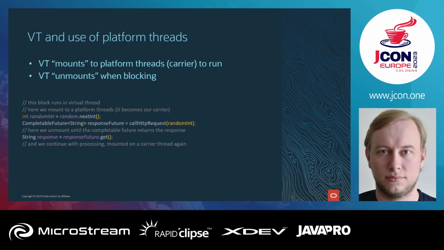So if we take a look at this example I have below, as you can see, the first line is generating some random number, and then we are executing some call to some other service. And we are getting a completable future here, and on the next line, we are actually using a blocking operation, the get one.